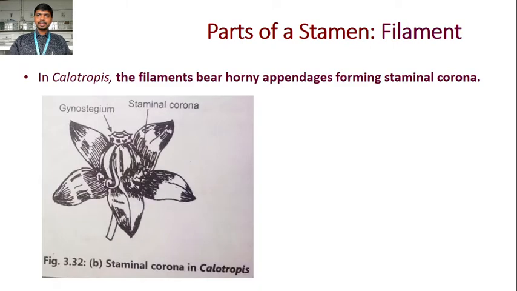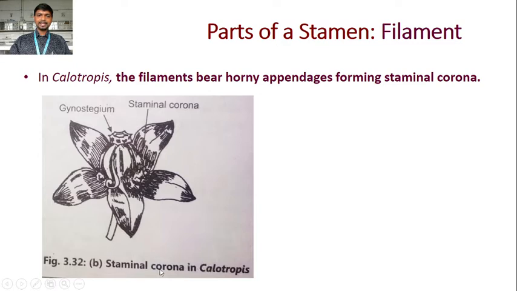In Calotropis, the filaments bear horny appendages forming a staminal corona. Here these are the horn-like appendages, 1, 2, 3, 4, 5, 6. Such type of filament is seen in Calotropis.